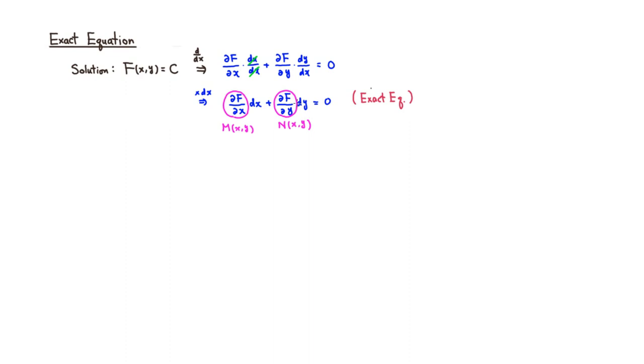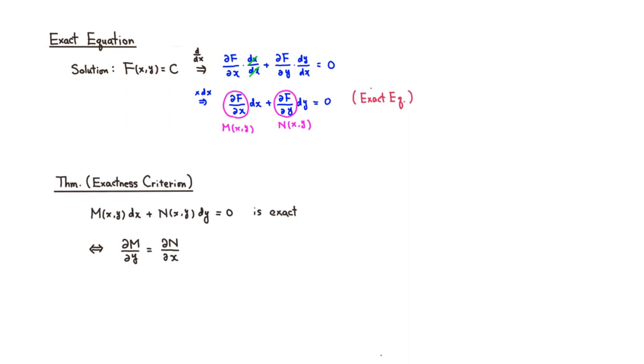So if you have a general differential equation, say M(x, y) dx plus N(x, y) dy equals 0, then we want to know if this is actually an exact equation. Here's a good way to tell. This is called the Exactness Criterion.